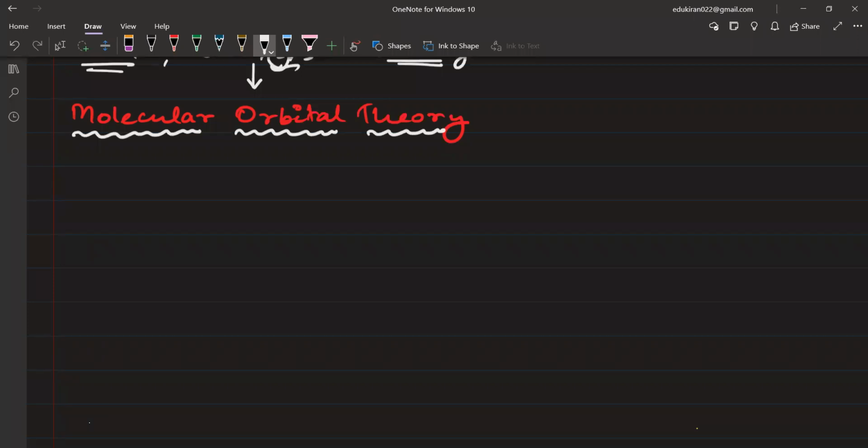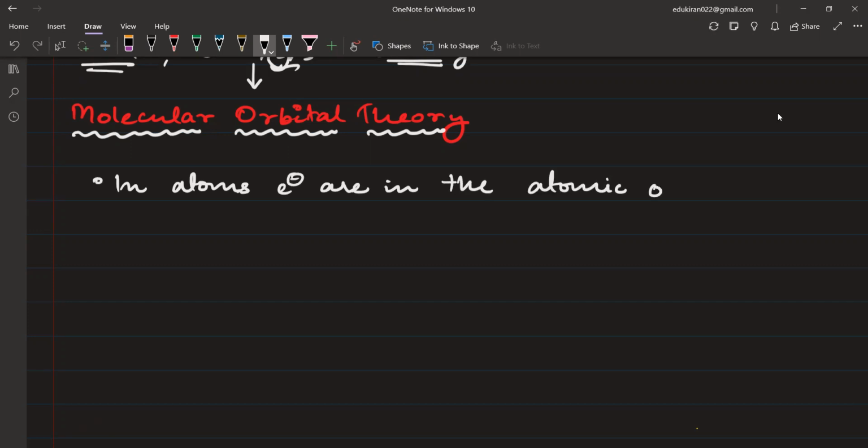Okay, the very simple starting point of this theory is, please complete after me. In atoms, electrons are in the, कहाँ पे होते हैं electrons? Atomic orbitals. Yes or no? Please tell me, guys. They are in atomic orbitals. Is that correct? Yes, sir.